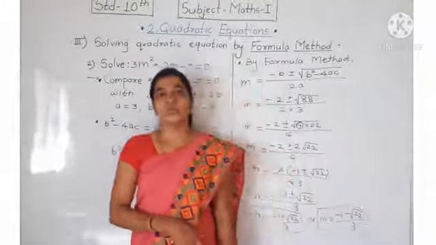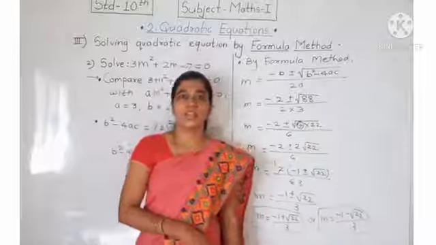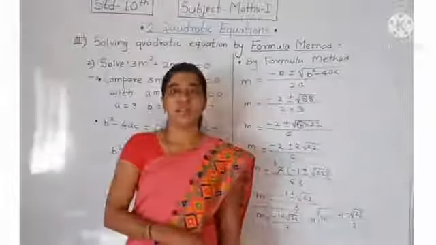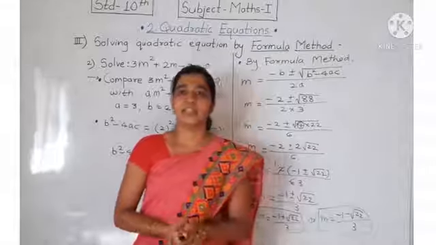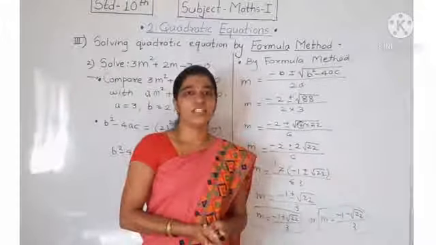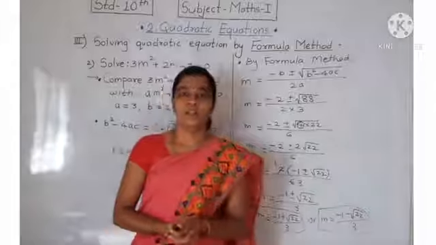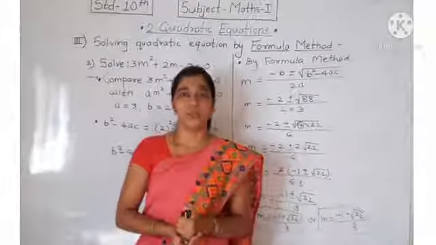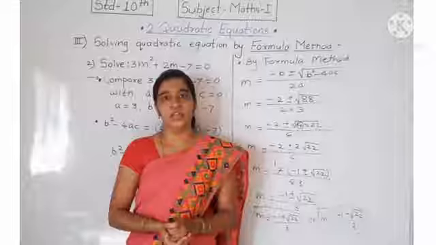So you solve exercise 2.3 based on the complete square method, and exercise 2.4 which is based on the formula method. You solve both exercises 2.3 and 2.4 in your notebook.